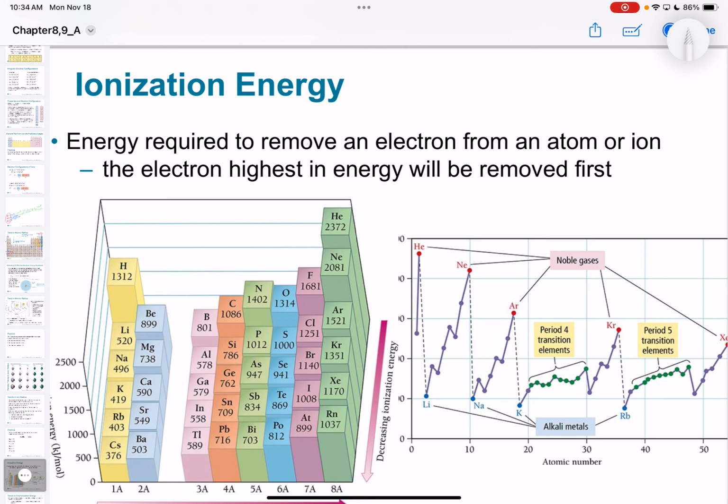Think of, again, I always use this gravity example, satellites that are in orbit around the Earth. Those are in orbit because of gravity, but they're very loosely held. If you just knock them off course slightly with a little bit of power, they're going to go floating off into space.